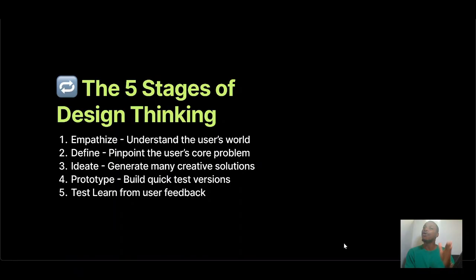The next phase now is number five, which is testing. This is you learning from your user, getting feedback from your user. This is now sending it out, giving it to your users, shipping it out, them using it and giving feedback. Oh, this part worked, 80% worked for me, but 20% did not work. As a designer, you have to now go back and review the 20%.